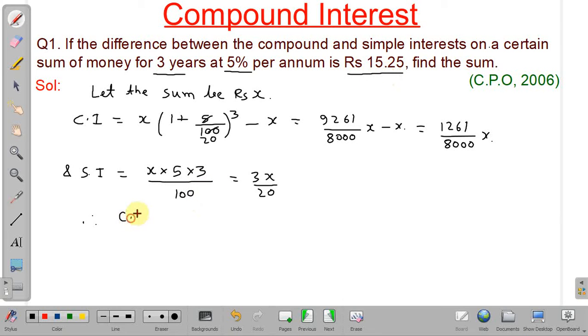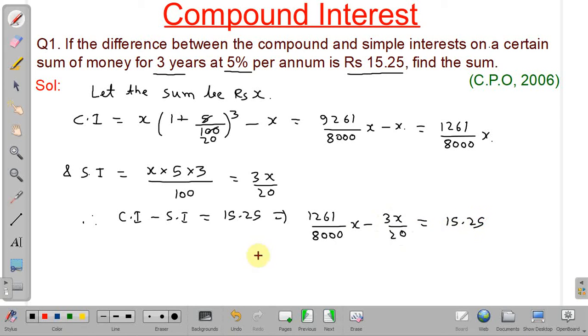So CI minus SI, it is given as 15.25, and we have calculated compound interest as 1261 by 8000x minus simple interest is 3x by 20, and it is equal to 15.25.